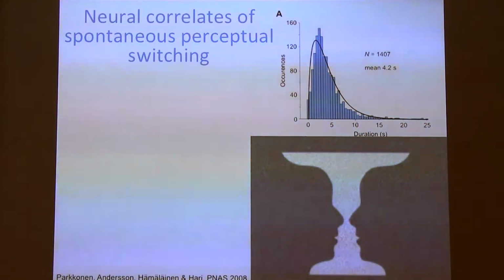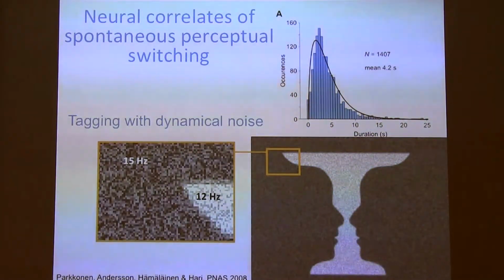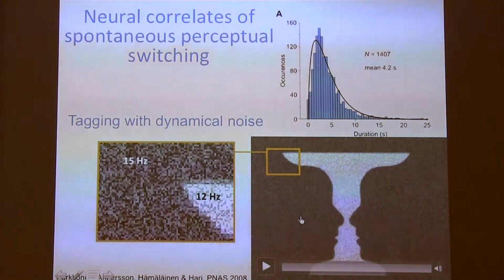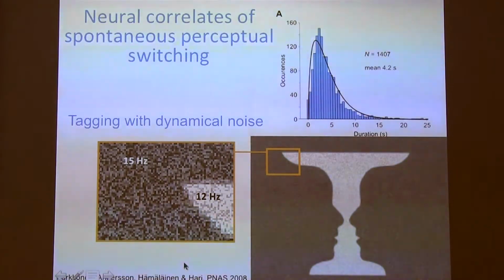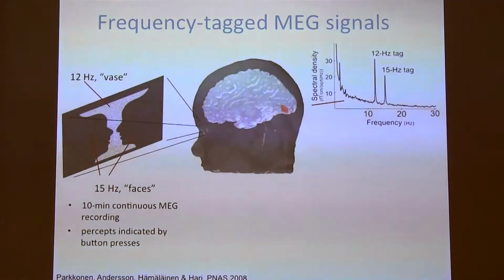So that's why we have put here dynamical noise. And it's, in fact, although you probably don't notice, of different frequencies at these two. So we have 12 Hertz here and 15 Hertz here. And what we then did, we let our subject view this and then indicate to us when the percept changed, and we saw in the brain clearly responses to these tags at 12 Hertz and 15 Hertz.